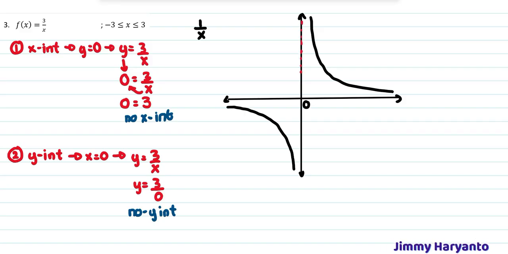So keep in mind that usually for 1 over x, with the x below the fraction, there will be no x-intercept and y-intercept. But instead we have the asymptotes.